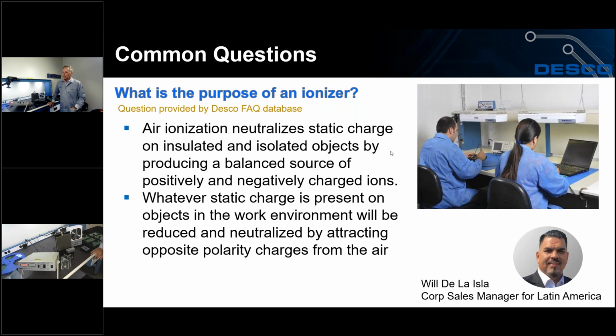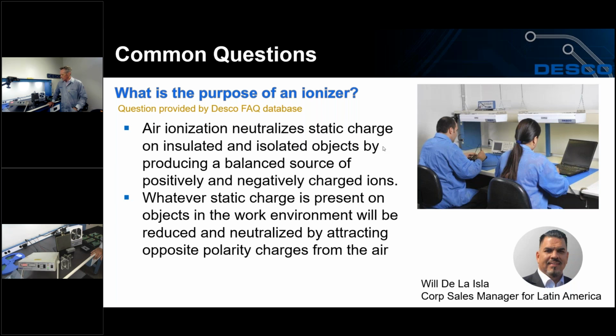Whatever static charge is present on an object in the work environment, we will reduce and neutralize by attracting opposite polarity charges from the air. What does that mean? We're basically fighting fire with fire. If there's a static voltage in the work environment, our air ionizers produce the opposite, and in a neutral state, 7,000 kV positive, 7,000 kV negative, and it's going to remove the charge.